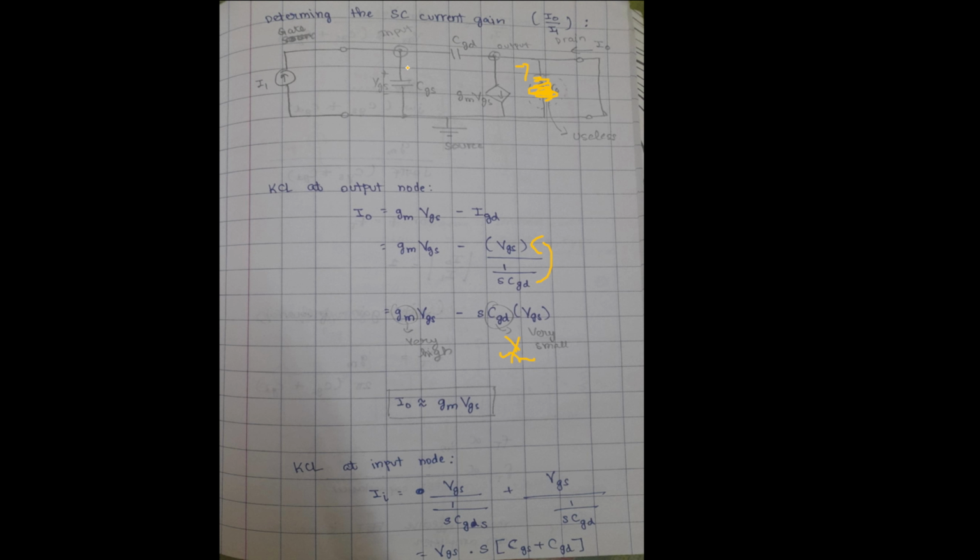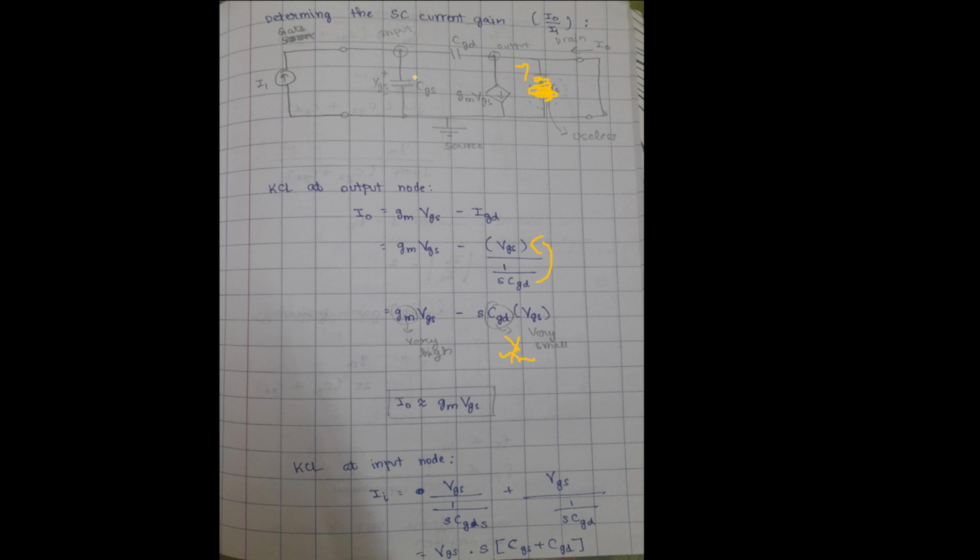So now let's find the input current so that we can find the current gain. For that we apply KCL on the input node. Here we can see a current from this side is I1.